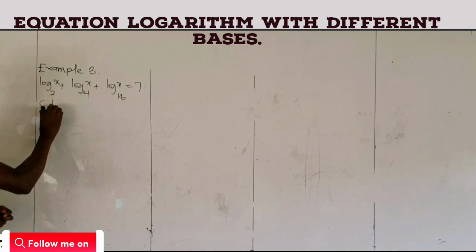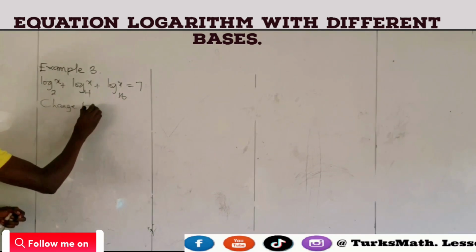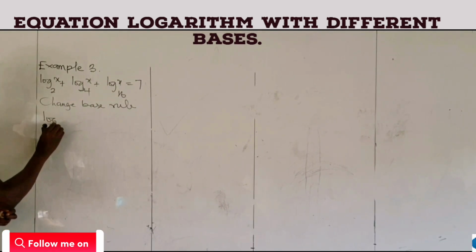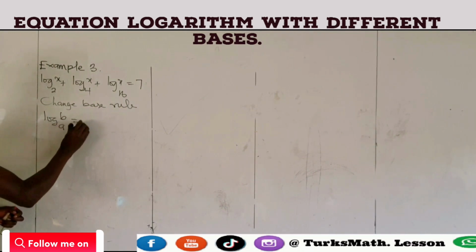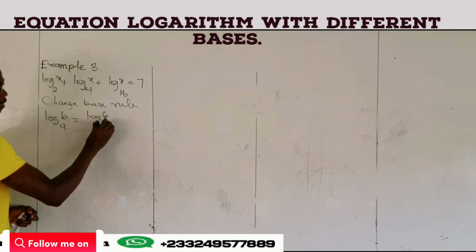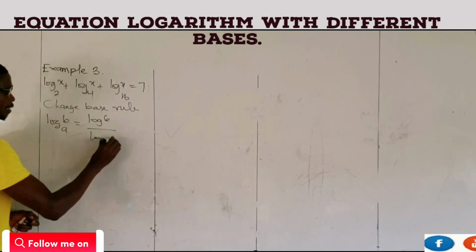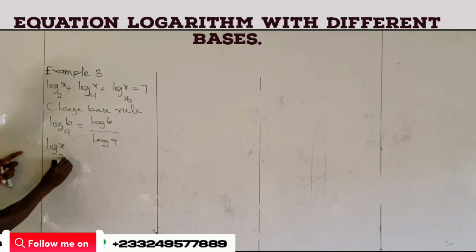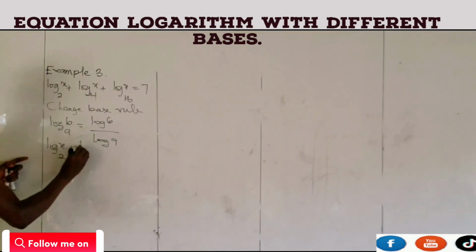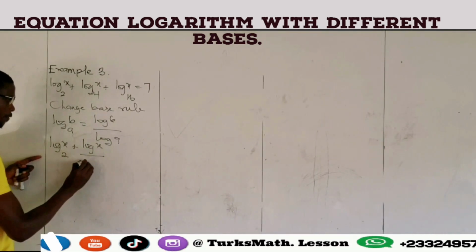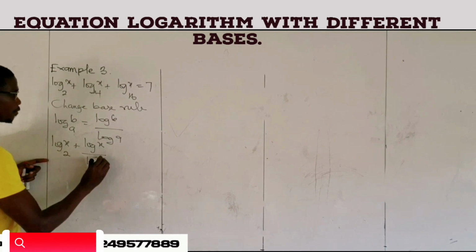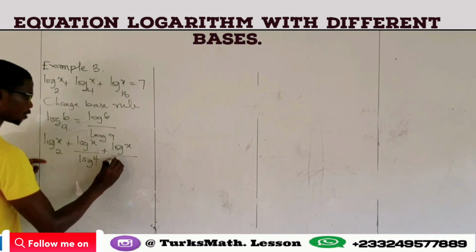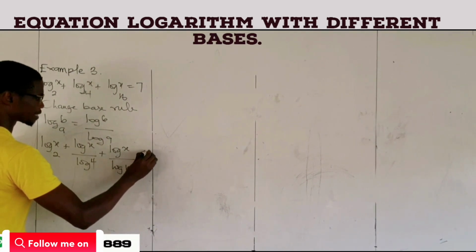So you are going to use what? The change of base rule. Alright, so the change of base rule is given by log b base a equals log b out of log a. So you maintain this, right? We're going to have log x base 2 plus log x out of log 4 plus log x out of log 16 equals 7.